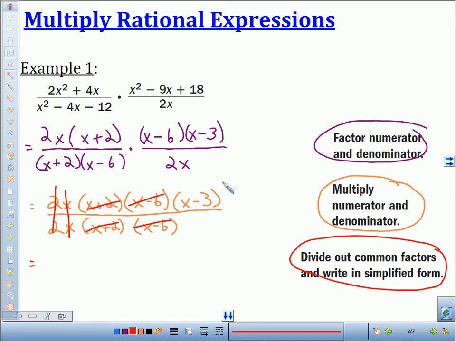This leaves us with just x minus 3. And that is my answer. Keep in mind that when we cancel everything out from top or bottom, we have a 1 left over. So this is x minus 3 over 1, which is x minus 3. Let's look at another example here.